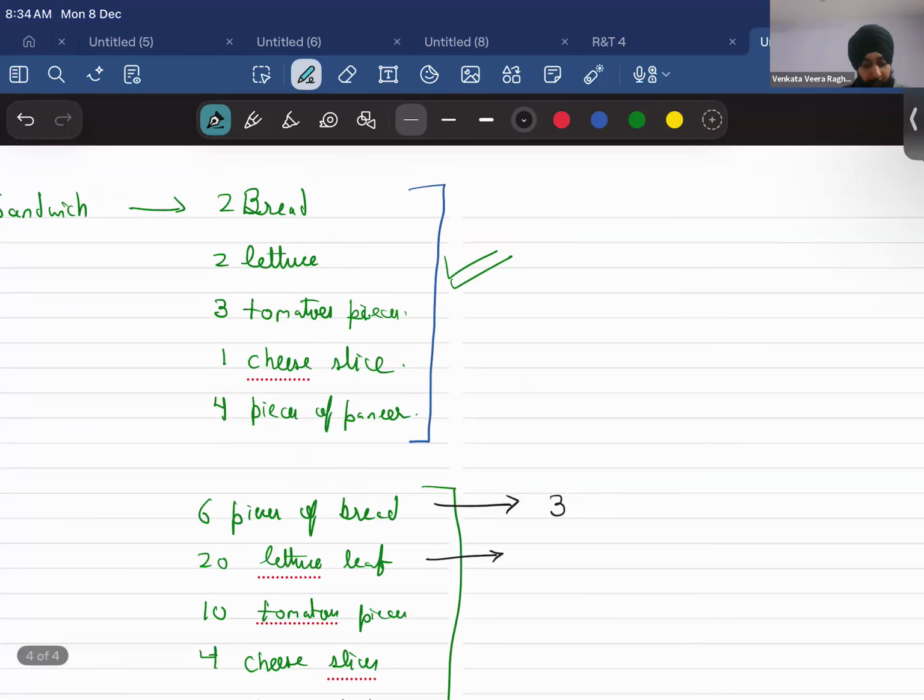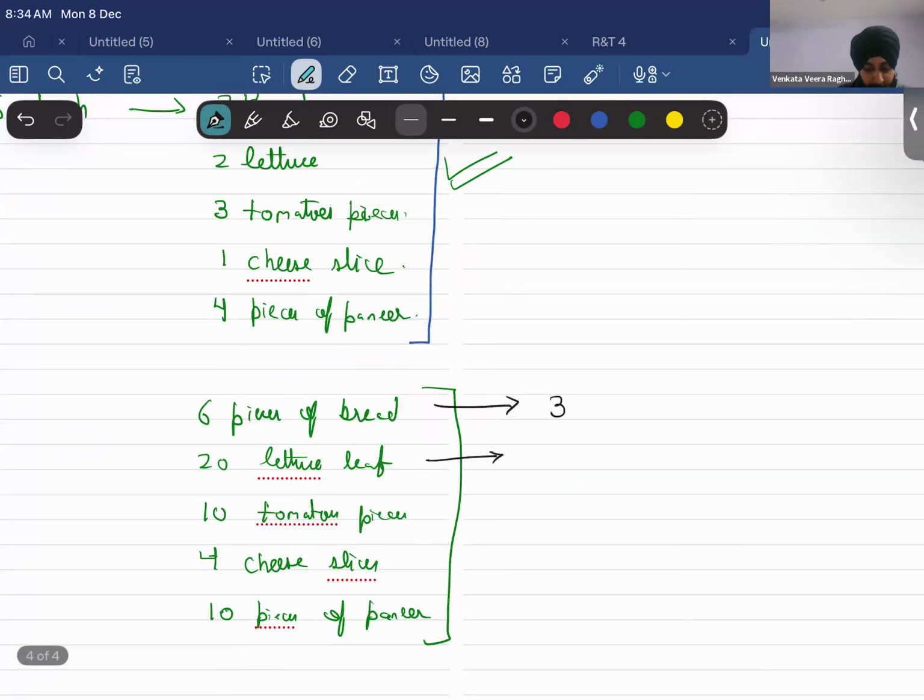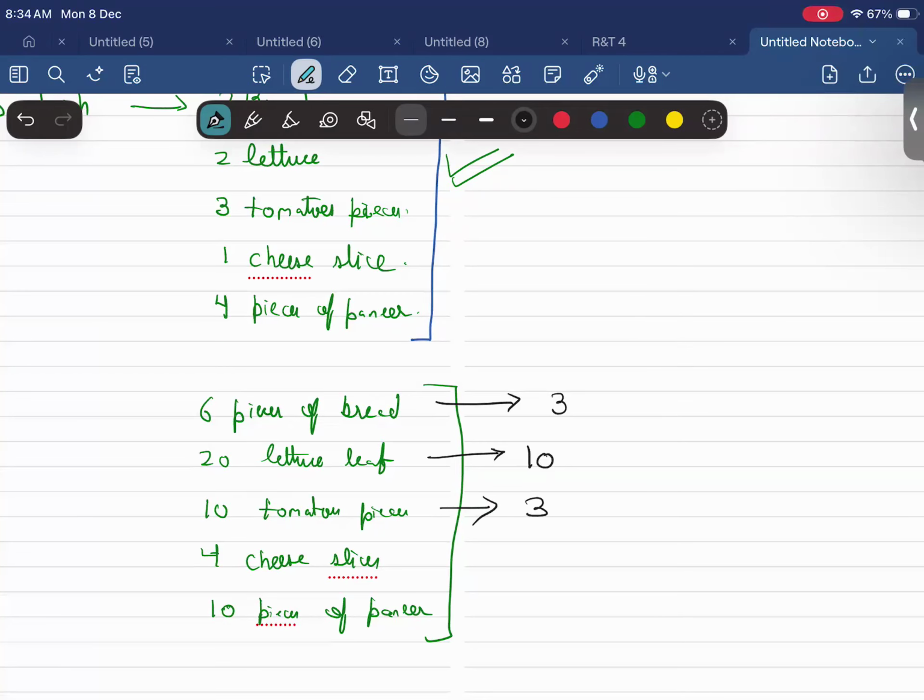Ten, one sandwich requires two lettuce, so 20 can make 10. 10 tomato pieces, how many sandwiches? Three again. If we are having 4 cheese slices, I can make 4 sandwiches. If I am having 10 pieces of paneer, I can only make 2 sandwiches because per sandwich I am adding 4 paneer pieces, isn't it?